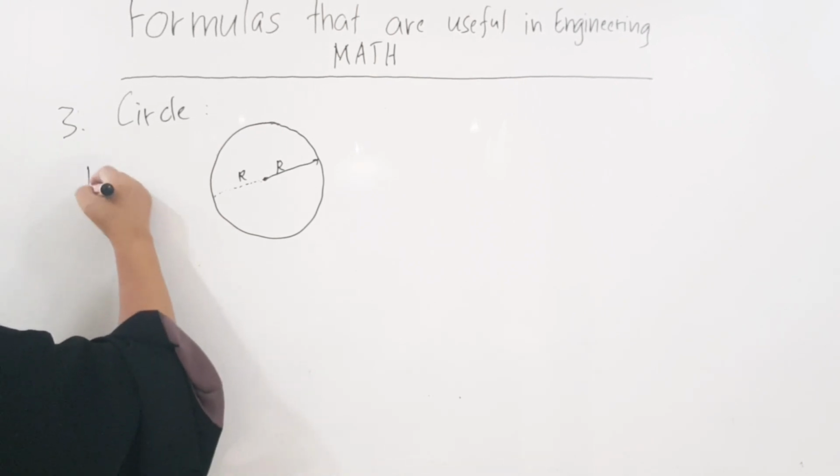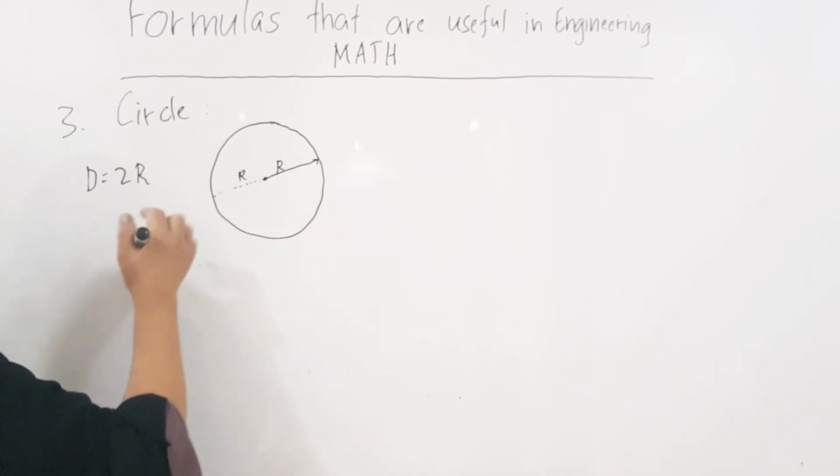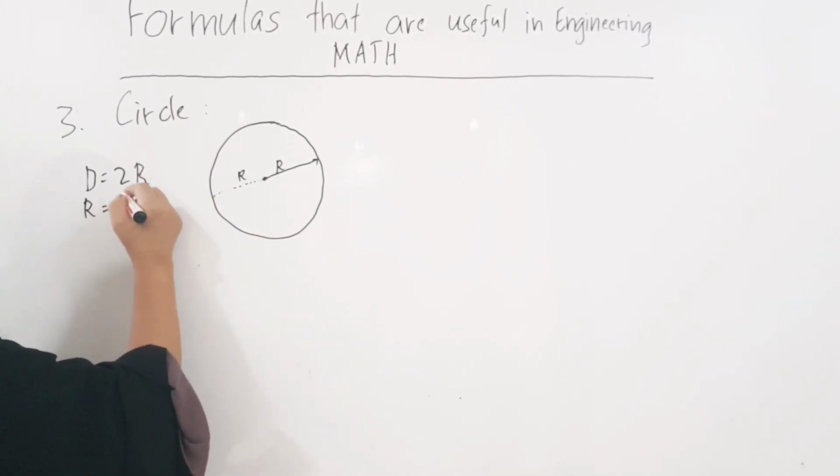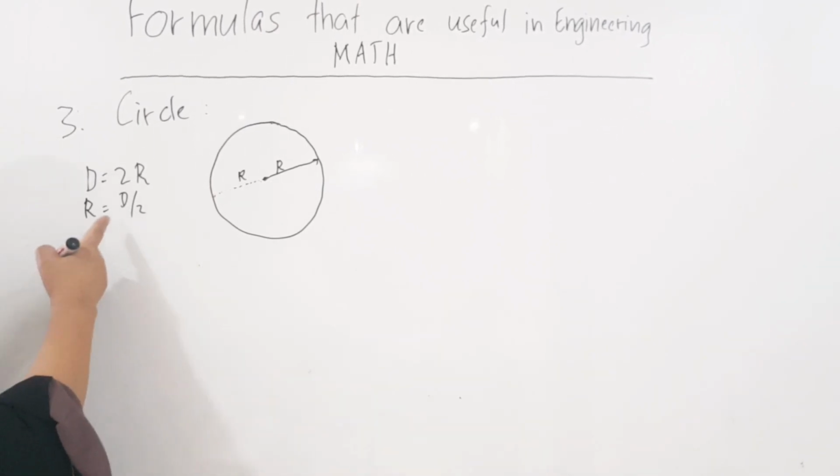Therefore, the diameter is equal to twice the radius, or the radius is equal to the diameter divided by 2. This is very important.